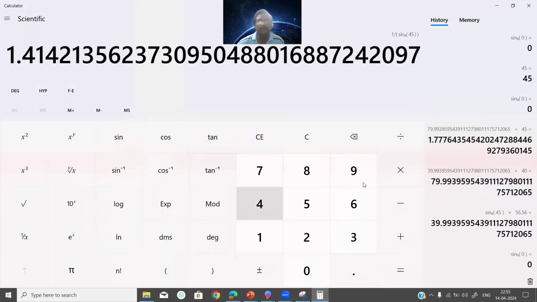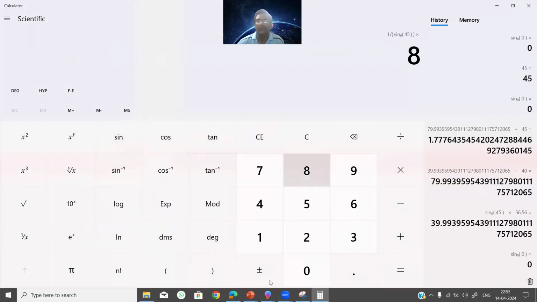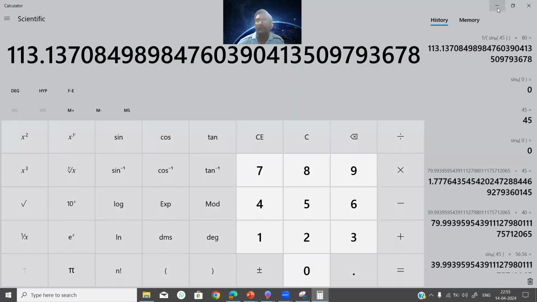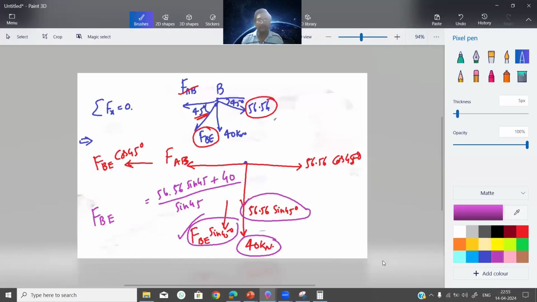I will take 1 by x multiplied with 80. So 113.13. So FBE value will become 113.13 kilonewton, but it will be in minus. Okay. So FBE will be known to you, 56.56 cos 45 in this direction.